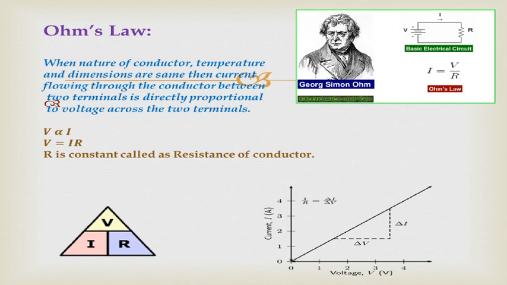Now, as I mentioned in the previous slide, resistance is a constant parameter under three conditions, which are stated here also: nature, temperature, and dimension of the material.